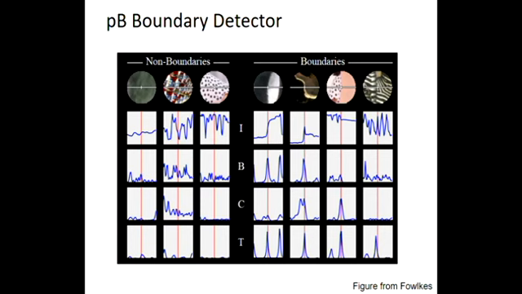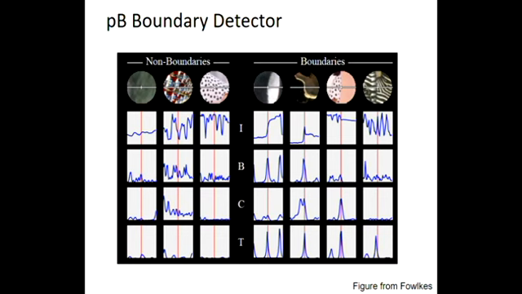Here's the change in color, and here's the change in texture. So here you can see some examples of non-boundaries where it's just in the middle of possibly a textured region or just a more smooth region. Here it's smooth everywhere. Here you get some sharp changes of color and brightness, but not much texture. Here you don't get much change of anything.